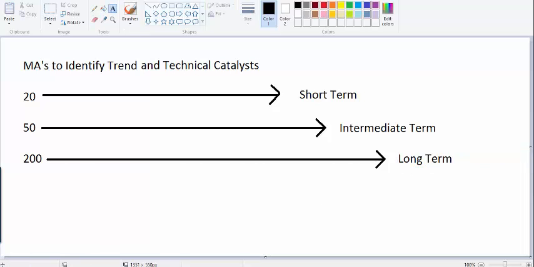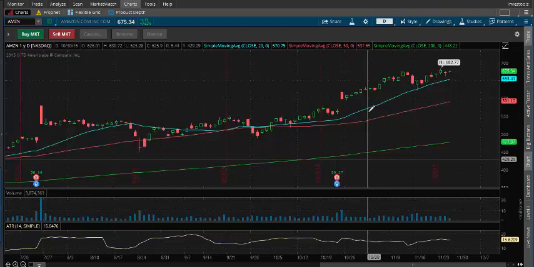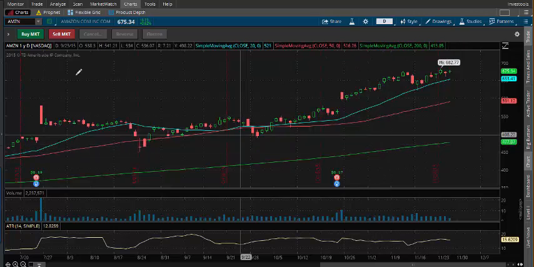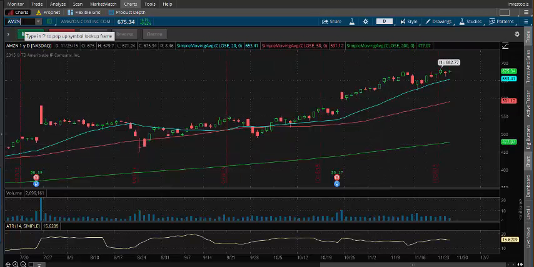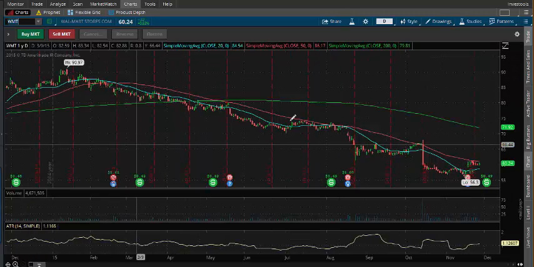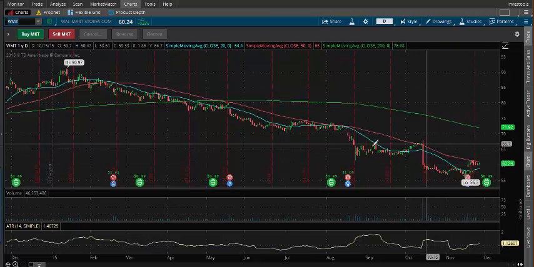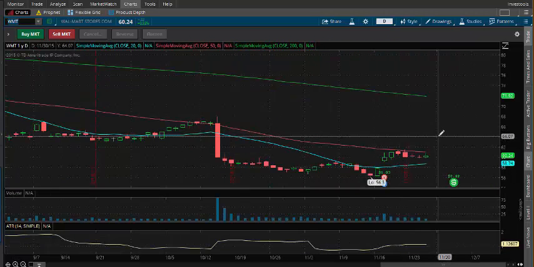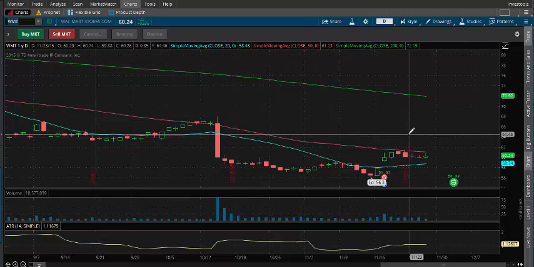Essentially all you're doing is looking at this and saying, okay, it's in an uptrend, an uptrend, and an uptrend. All 3 of them are pointing in the same direction. Whereas if you're looking at, let's bring up Walmart. Walmart's not been a good performer this year. You'll notice falling moving averages. When these things cross over, it can be an indication of a trend change.